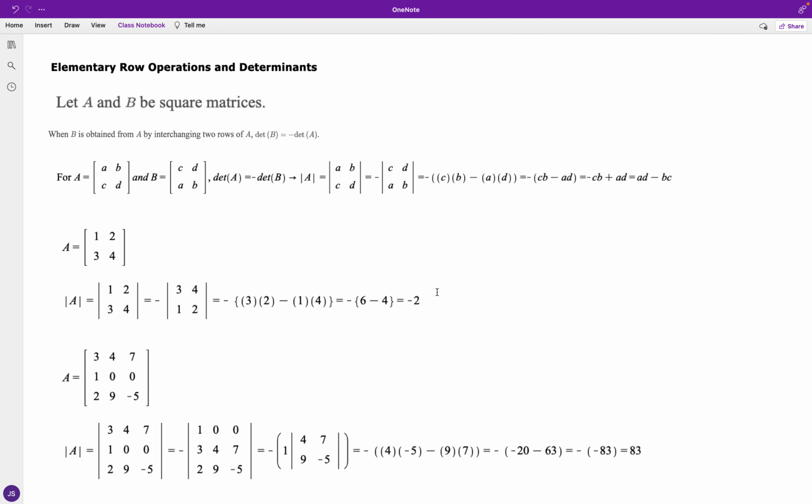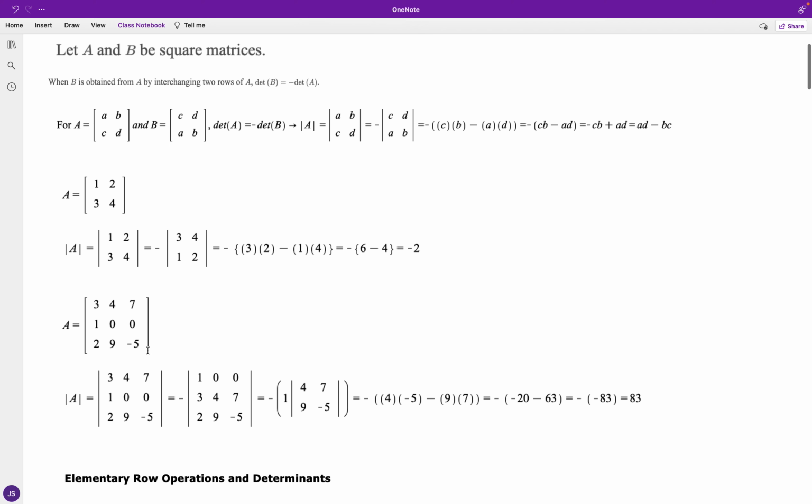Now, in terms of interchanging rows, you would not typically have this come to mind in the case of a 2 by 2 matrix, but it becomes a more viable option if you look at larger square matrices, such as a 3 by 3.